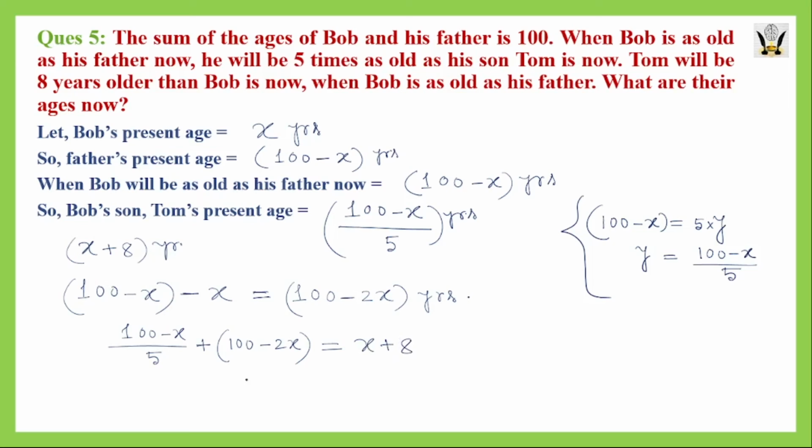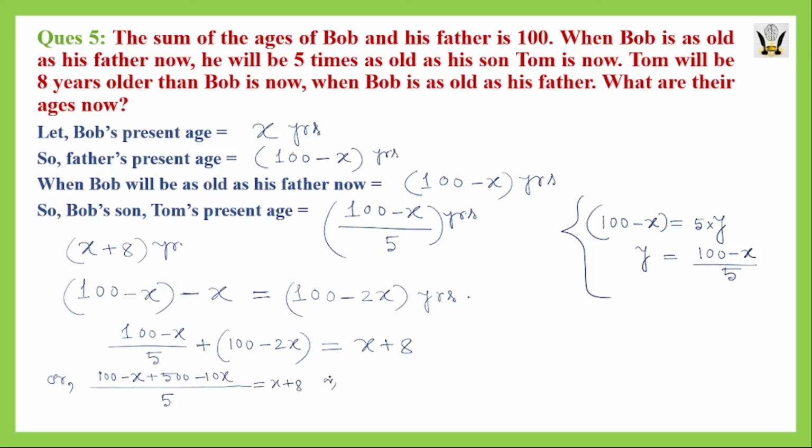Now this is a linear equation of x, and if we simplify this equation, easily we can find the value of x, means Bob's present age, and based on that we can also find Bob's father's present age and also Bob's son's present age. So if we take the LCM 5, then it will be 100 minus x, and from here it will be 500 minus 10x, and that will be equal to x plus 8.